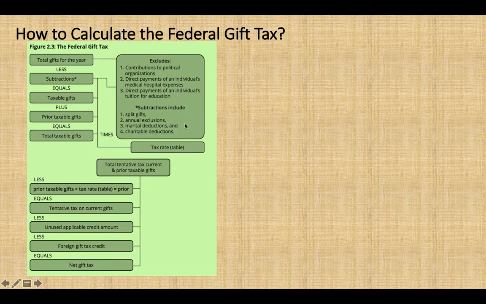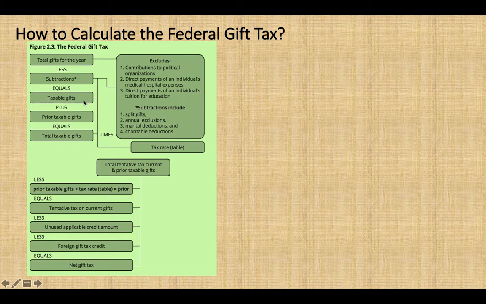So here you can subtract anything like that. There's also an annual exclusion of $15,000 per year, in both 2020 and 2021, so you can subtract that, and it will reduce your taxable amount. After you take the total gift amount and subtract all those things, the IRS calls that a taxable gift.